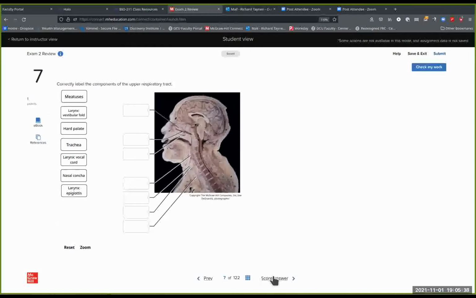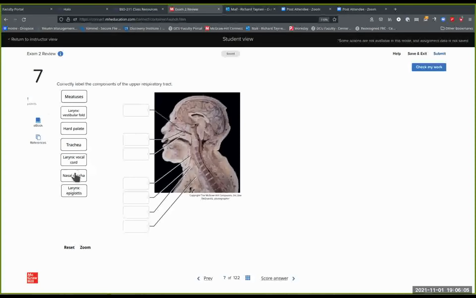Okay, have we done this? No, there's some other stuff on here. Okay, so what's this up here at the top? Would it be the meatus? Well, those are underneath there. Wait, sorry, so, nasal concha.